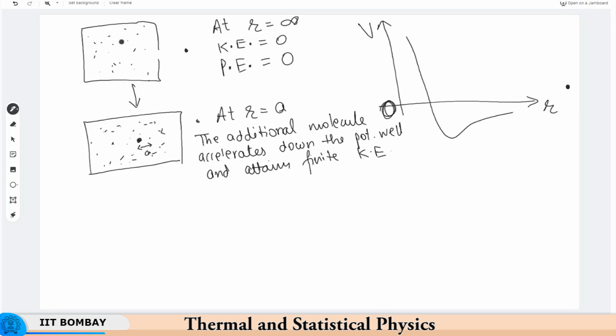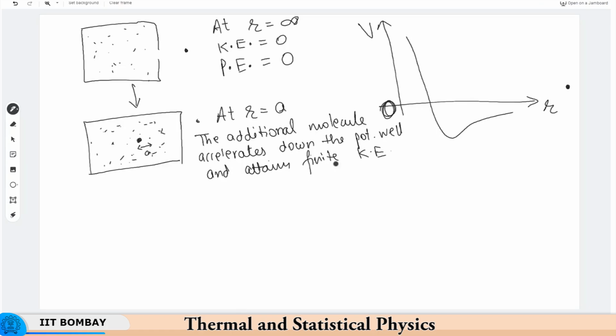If I sum up the total energy of all these molecules and this single molecule in isolation at R equals infinity, and when it is inside the system at R equals A, the total energy still remains the same. But because it is falling down the potential hill, this additional molecule will attain finite kinetic energy, and that will contribute to the internal energy of the system.